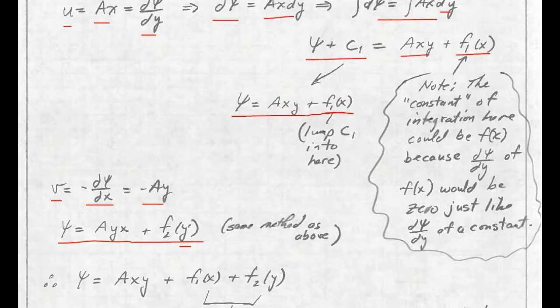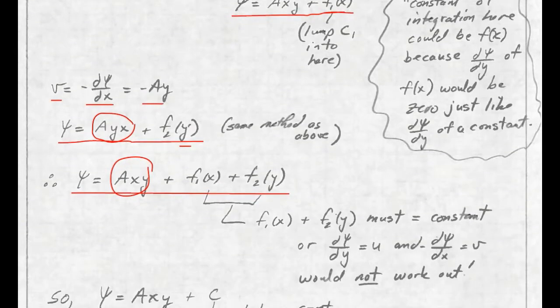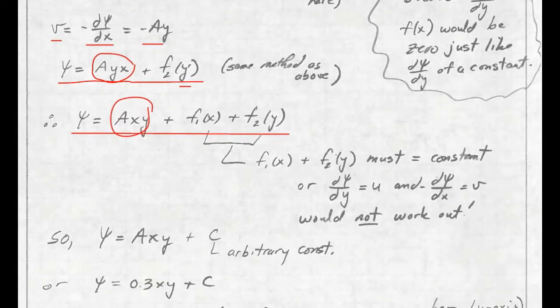So in all, psi is a combination of these two things. Since we got the same function up front for both of them, we can just use one of them to cover both of our cases where we did the v and the u. So we've got that function here, but then we've got both of these potential constants. Now we work it out that they must be equal to just a constant.